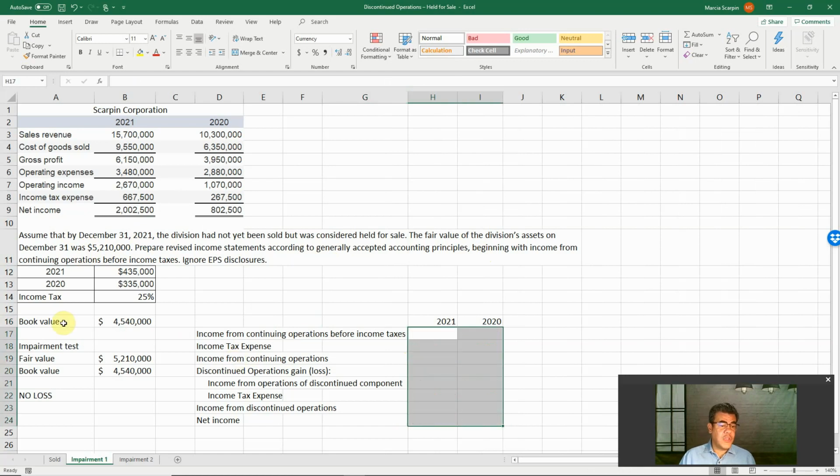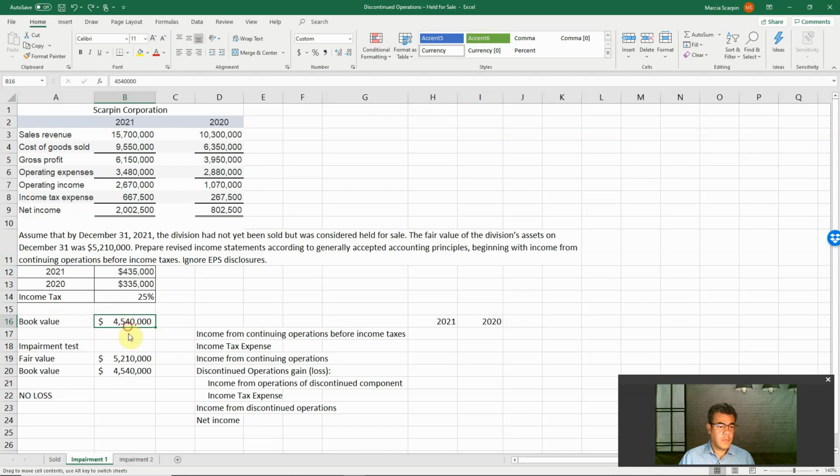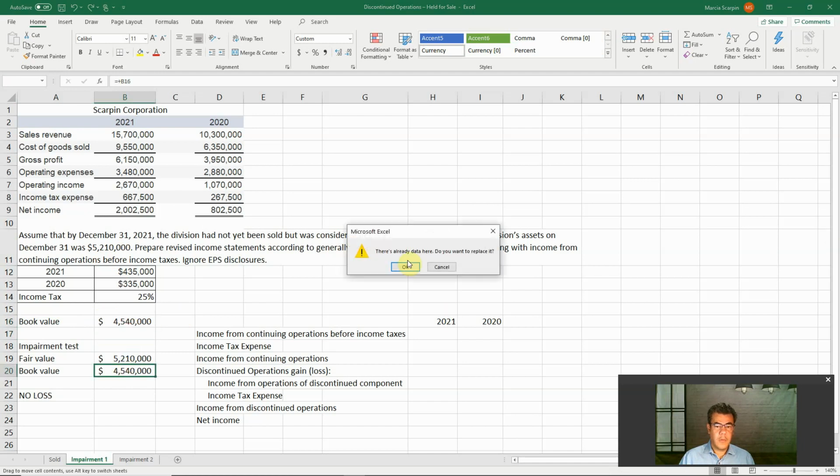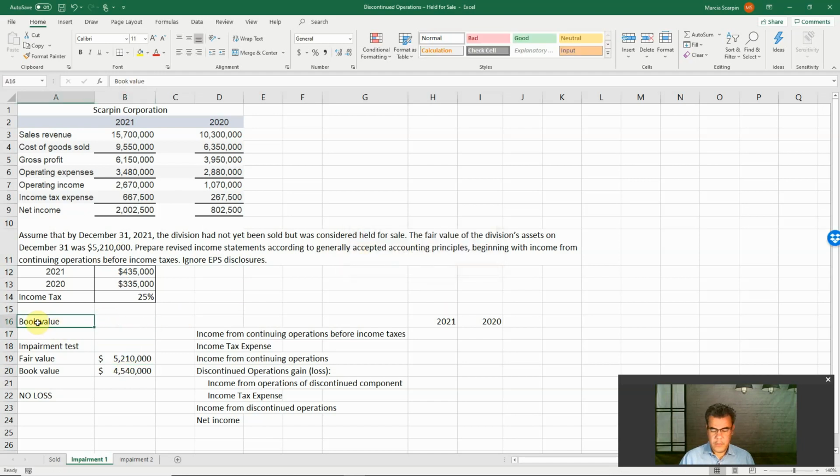What do we need to do? We don't need this book value here. Oh, okay, we need it. So what do we have here? Our book value is... okay. So we need the impairment test.